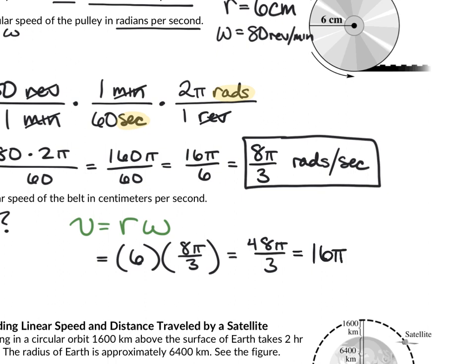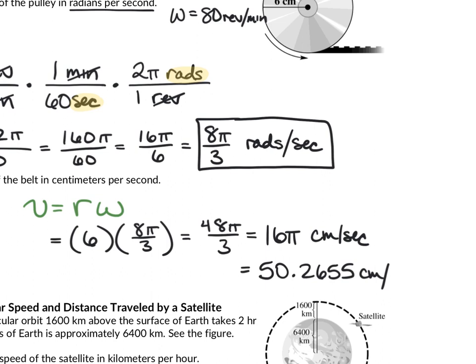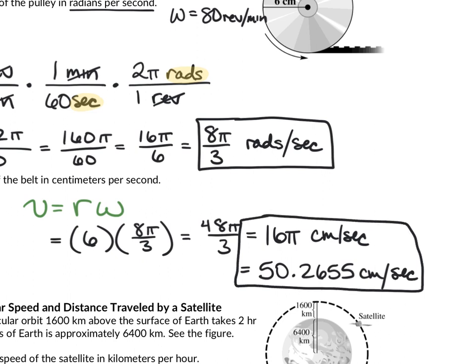So that would be 16 pi centimeters per second, or if you change that to a decimal, 16 times pi is 50.2655 centimeters per second. Just depending, again, on how the question wants, either in terms of pi or rounded.